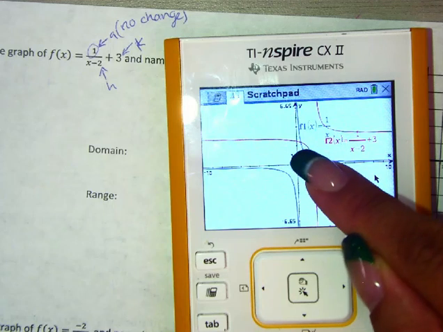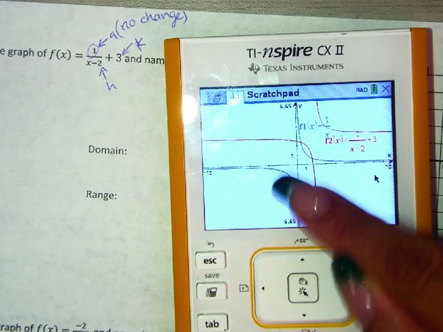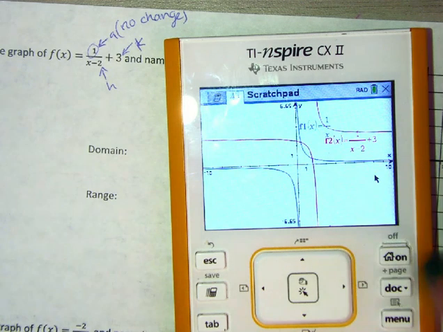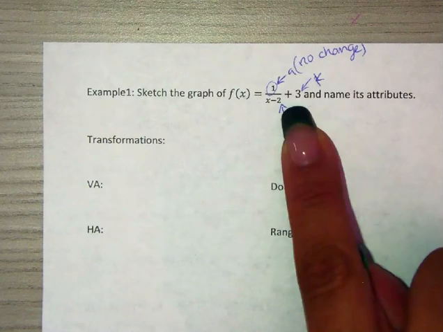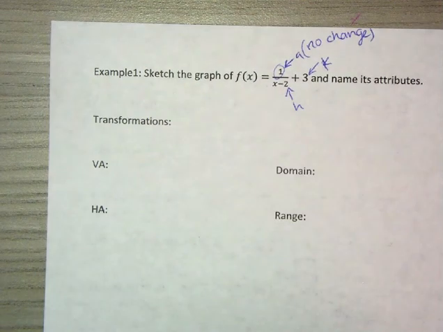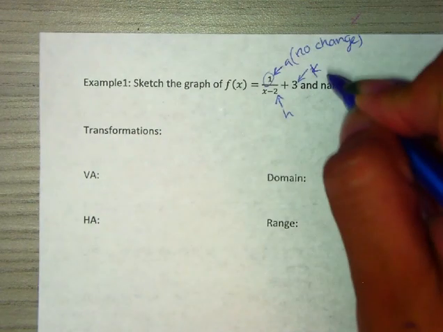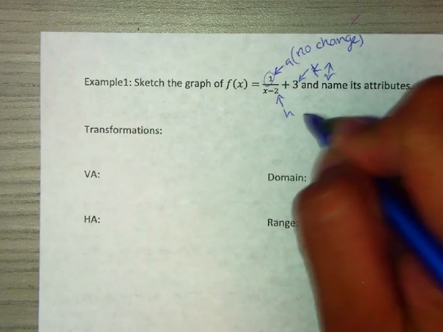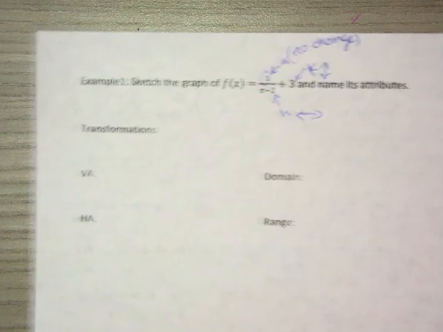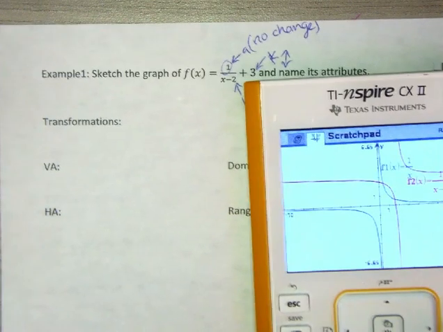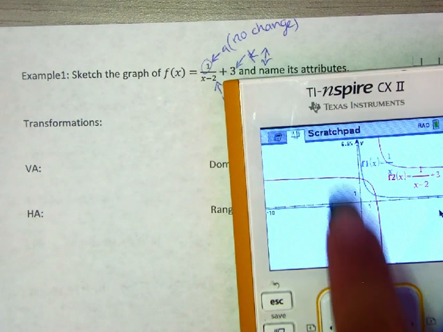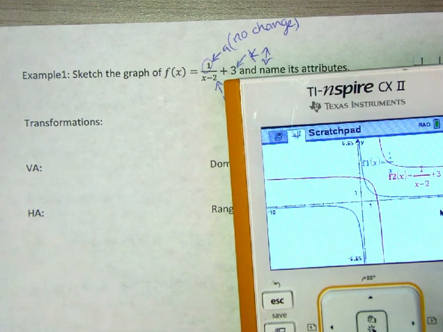As far as how much of each, that's where you have to look specifically at these numbers. We know that k is the up or down and h is the left or right, and based on this sketch, it went up and then to the right.